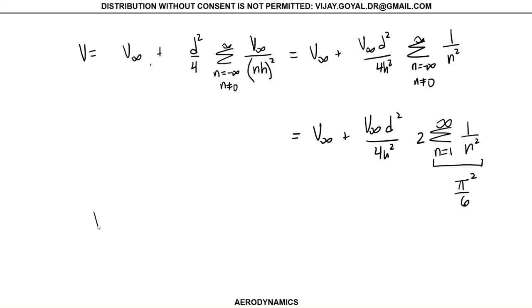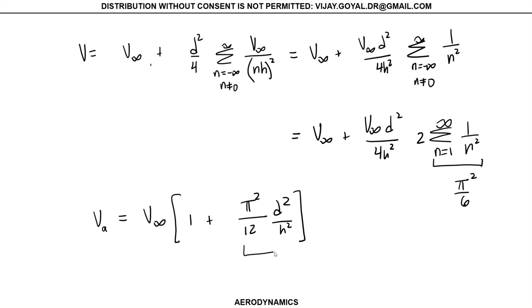So the whole expression is equal to V infinite times 1 plus pi squared over 12 times d squared over h squared. If you compare this to what we had before, this gives you the value of E of S that you were looking for.